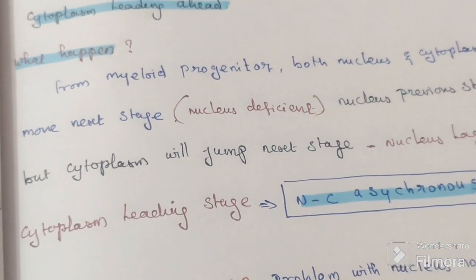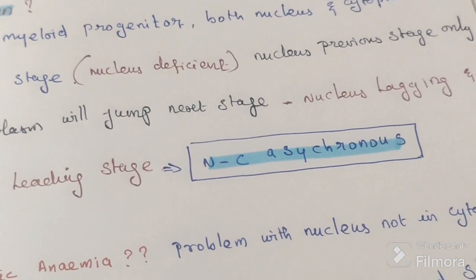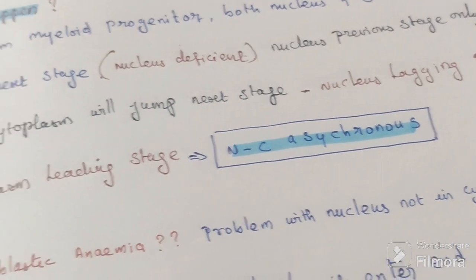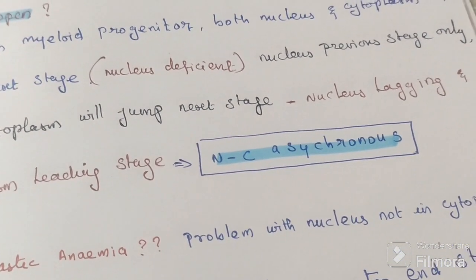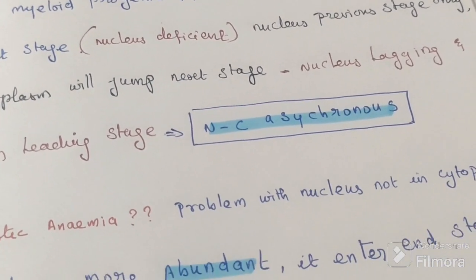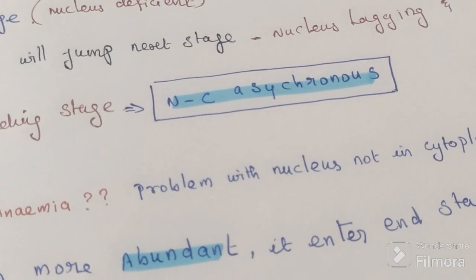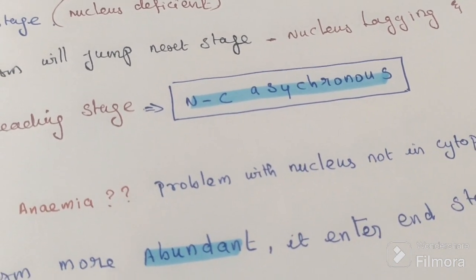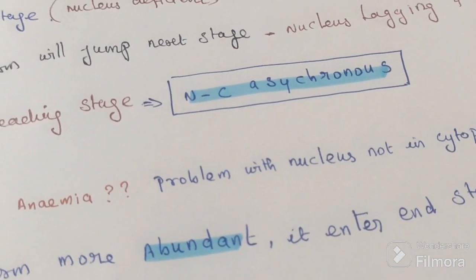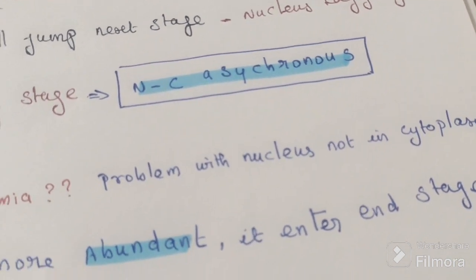Here the cytoplasm will jump to the next stage, with the nucleus lagging and the cytoplasm leading. So this is called nucleus cytoplasm asynchrony. Normally they are synchronous, now asynchronous.